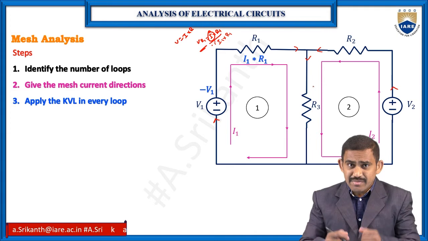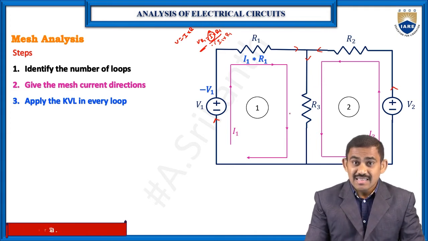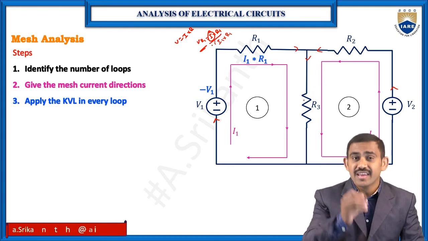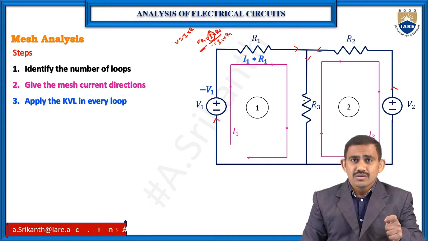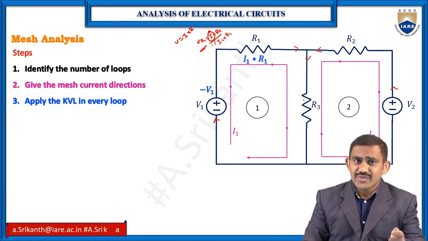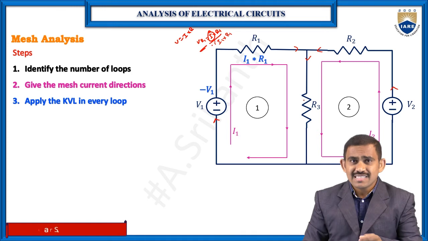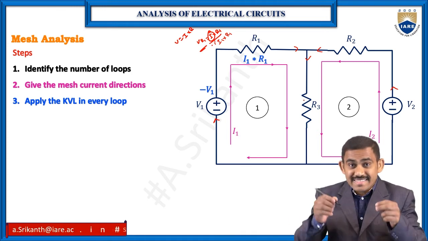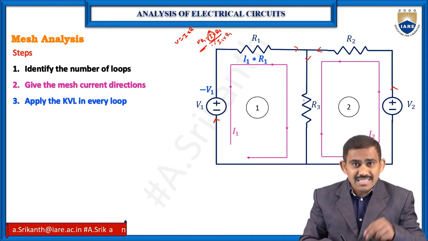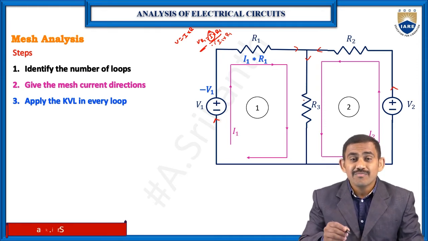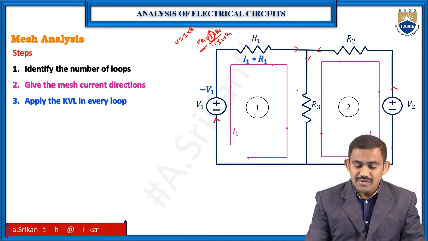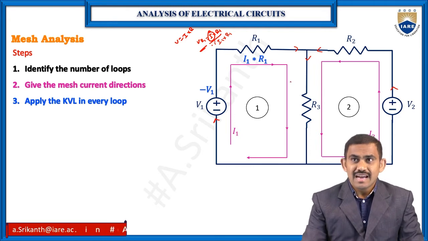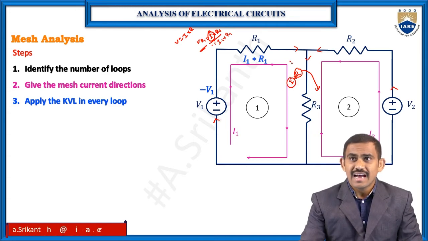The voltage drop across R3 is V equals I into R, where R is R3. Then what about I? We have 2 currents in the same direction, which means I1 plus I2.